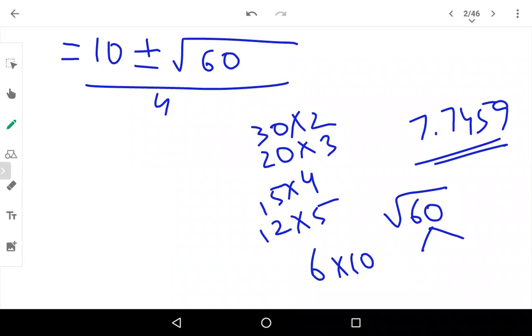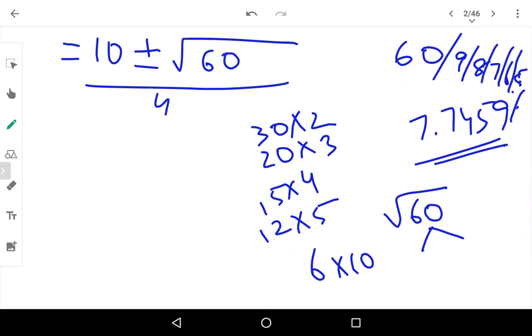Did you understand what I did? I taught you a trick, right? Whichever number you want to factorize, start dividing it from 9. Divide by 9, divide by 8, 7, 6, 5, 4, 3, 2, 1. If you do the division like this, one after the other, wherever you get the whole number, you have to take that whole number part only. If you are getting some points, do not consider that.